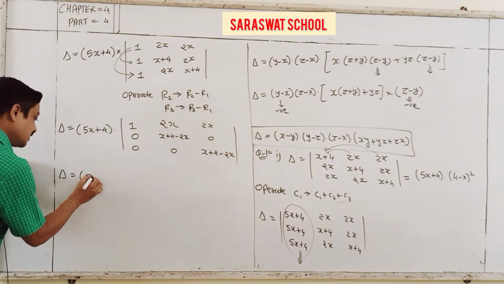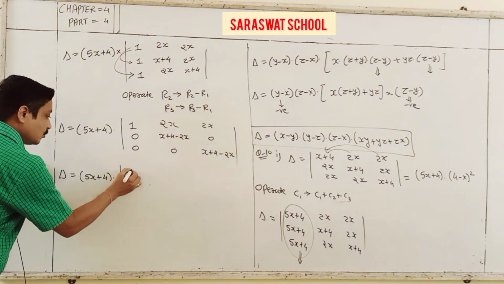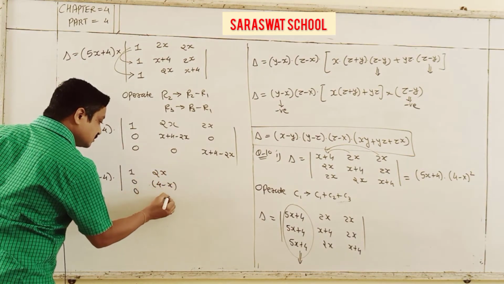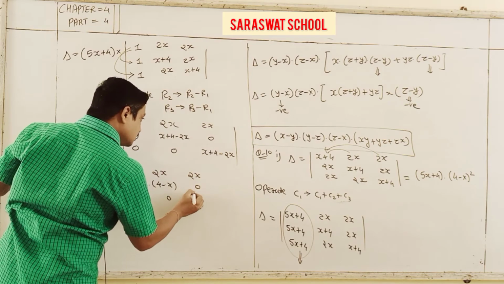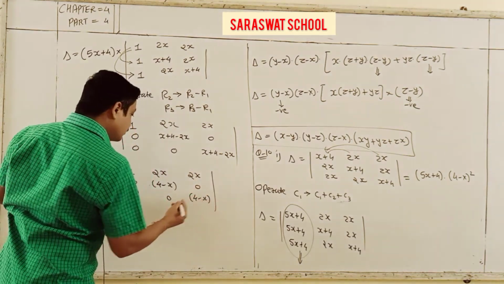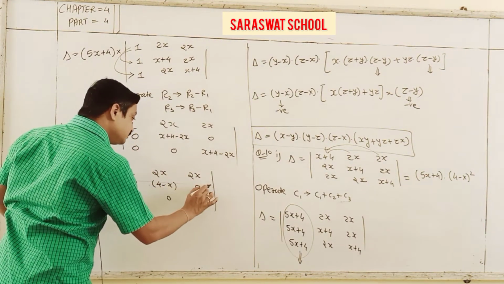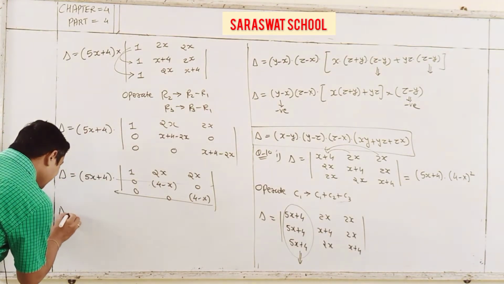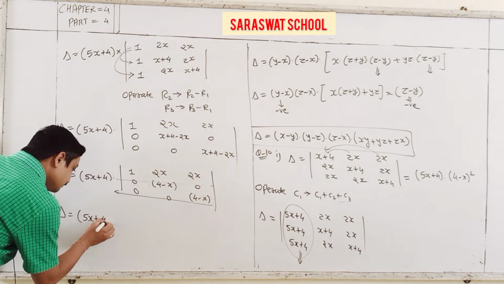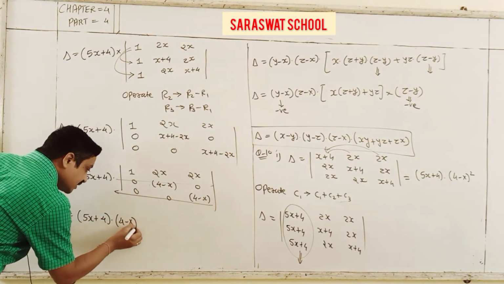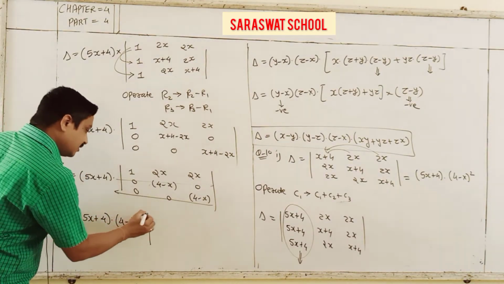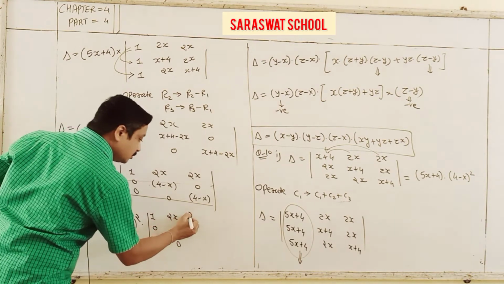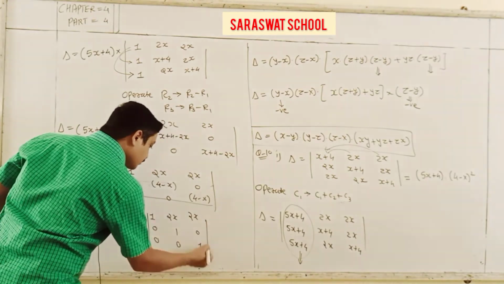So our answer is 5x plus 4, 1 0 0, 2x, here 4 minus x, 0, 2x and 4 minus x. You will check this common, 4 minus x 2 times. So del answer is 5x plus 4, 4 minus x the whole square, and others are 1 0 0, 2x 1 0, 2x 0 1.